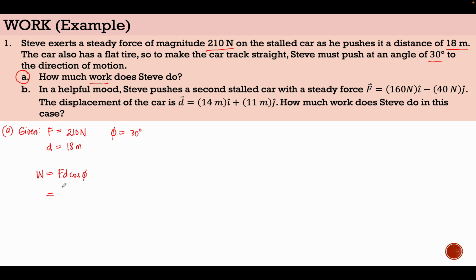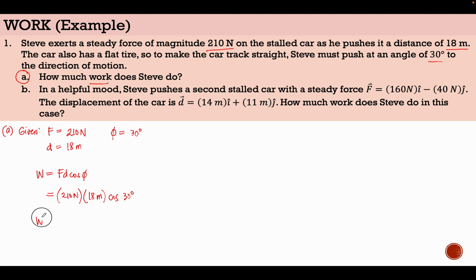Substituting the values, we have force is 210 newtons, distance is 18 meters, times the cosine of 30 degrees. Using a calculator, we have 210 times 18 times the cosine of 30.